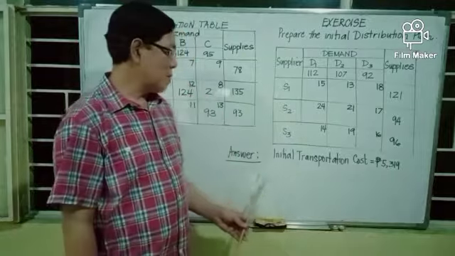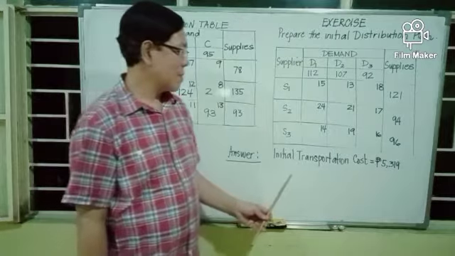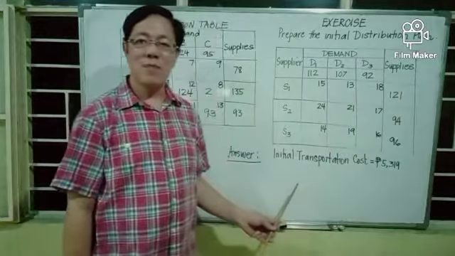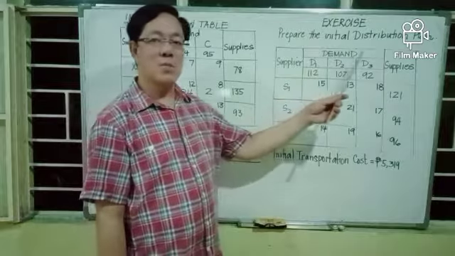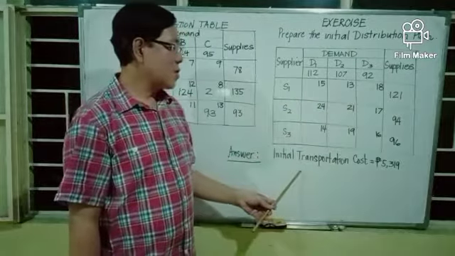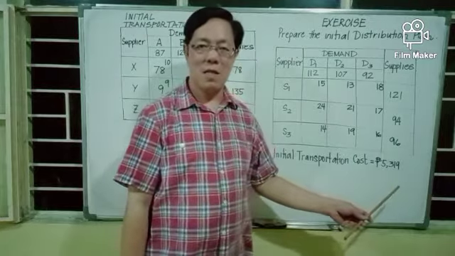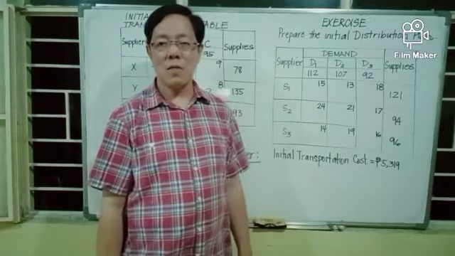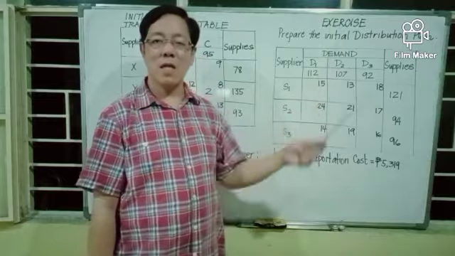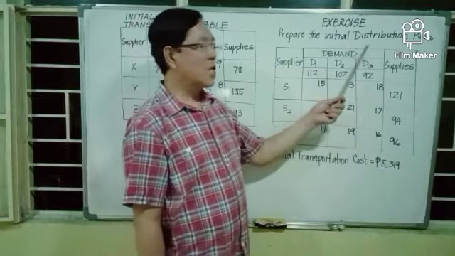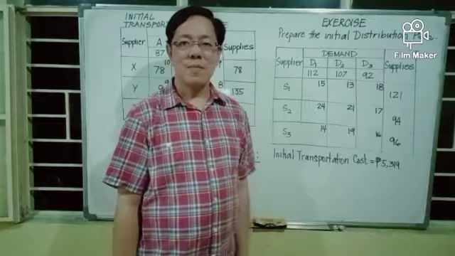And for you to be able to check your answer, I give you the answer from the initial distribution plan. The initial transportation cost is 5,319. That is the sum of the totals in the last column of the initial distribution plan.